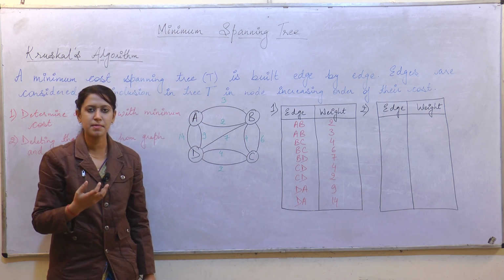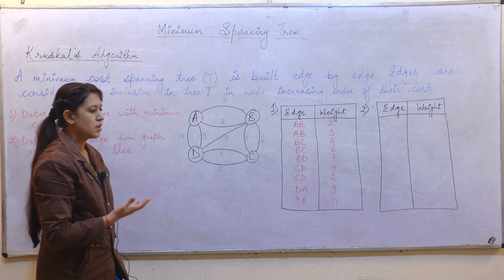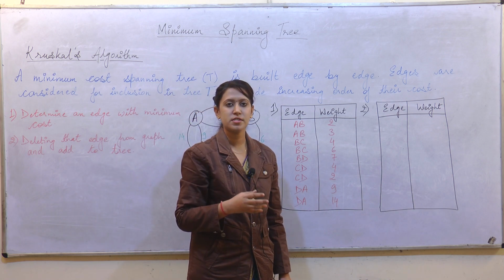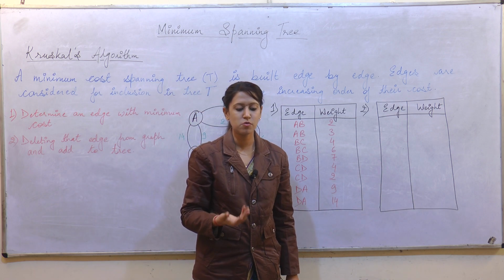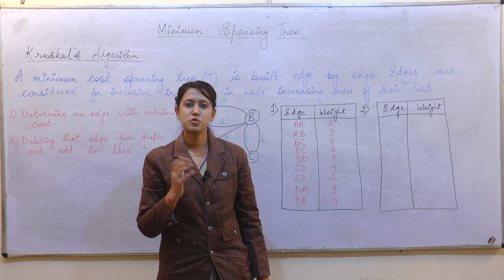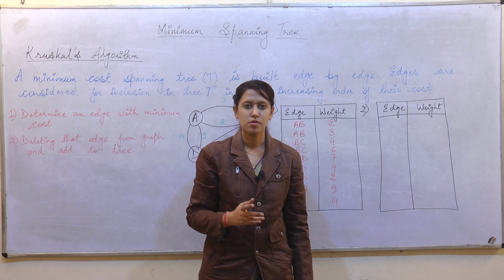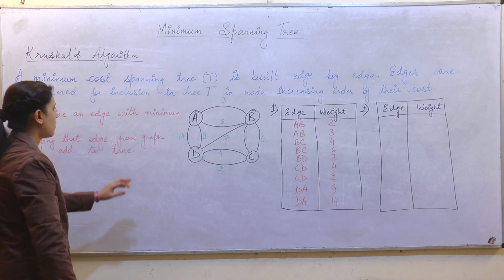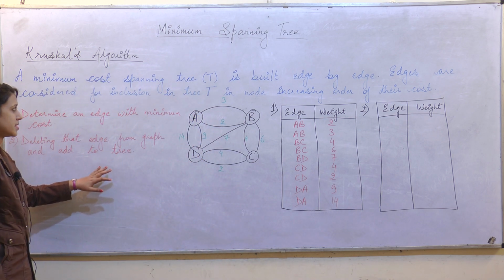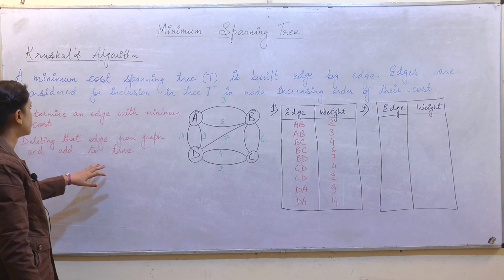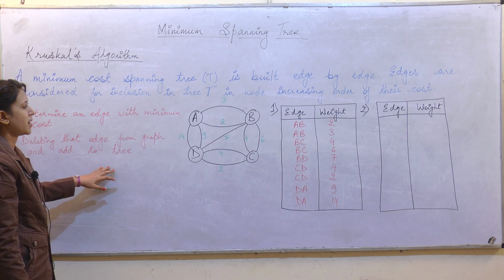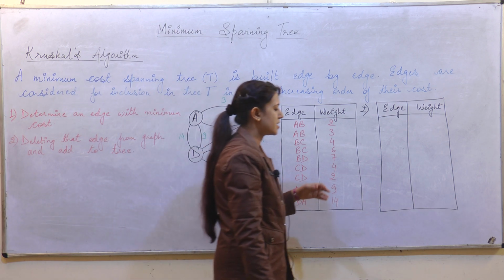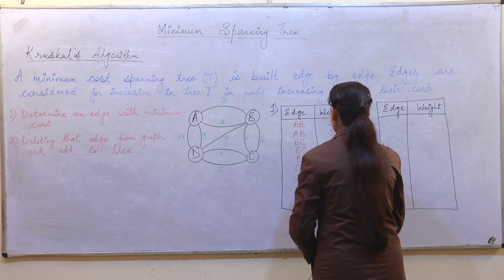Here minimum is used to define the minimum cost that can be used to reach from the source node to the destination node. That's why we are using the word minimum. So Kruskal's algorithm says that a minimum cost spanning tree is built edge by edge.